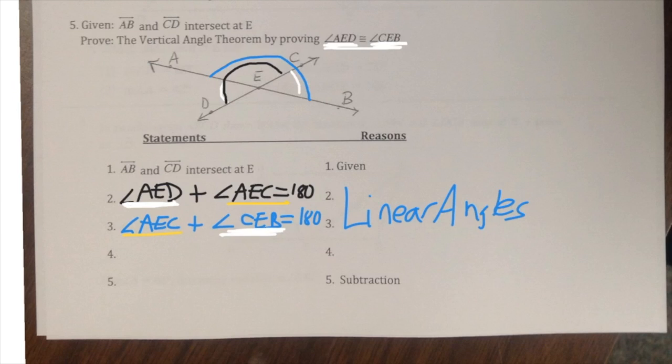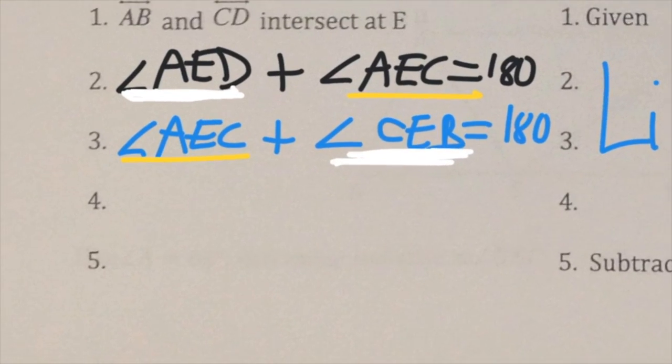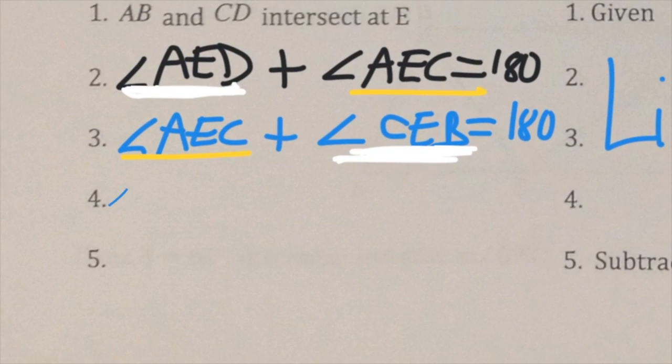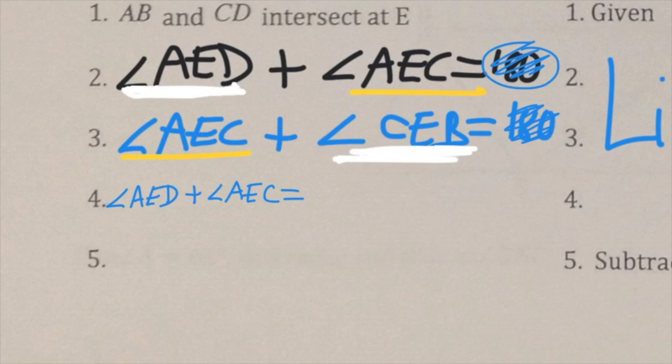So you can see that this overlap right here is needed so that when I put these together as one statement, and this is where it gets a little crammed, I can take both of those statements, and since they both equal 180 degrees, I can replace the 180 degrees with AEC plus CEB.